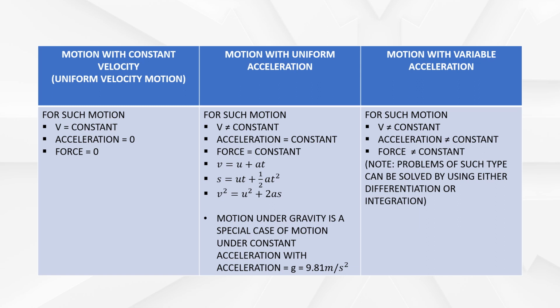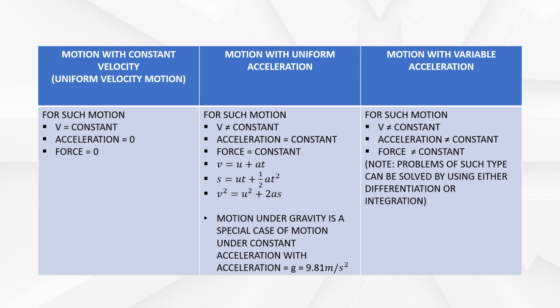Now, when the motion of a particle is happening with constant velocity, what you should remember is that for such motion, velocity v is constant. As v is constant, it means the acceleration is zero, and as there is no acceleration, force acting on the particle is also zero. So that is the motion with constant velocity.